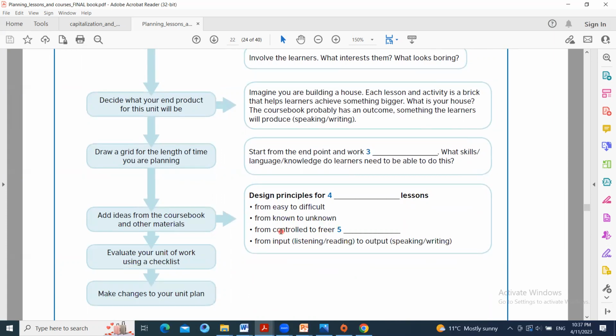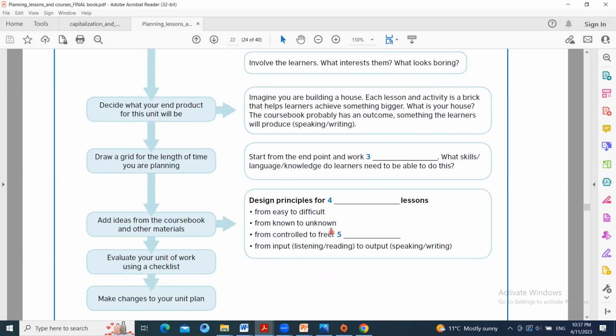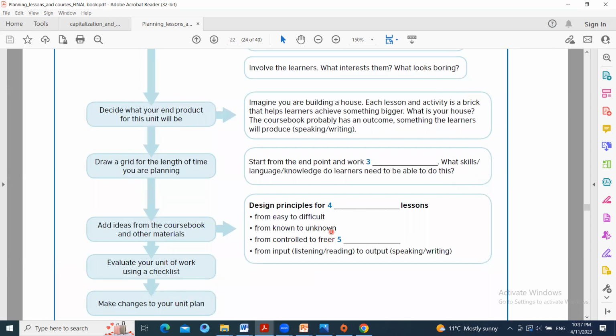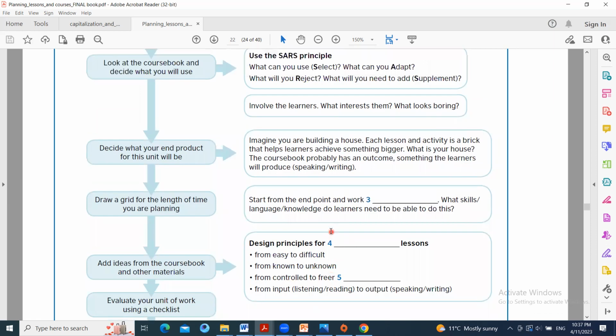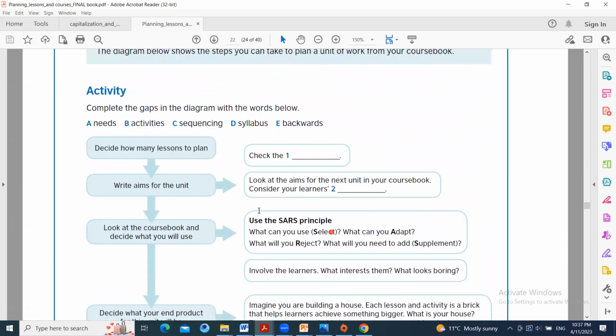The next one, from controlled to freer. Freer what? Freer activities.